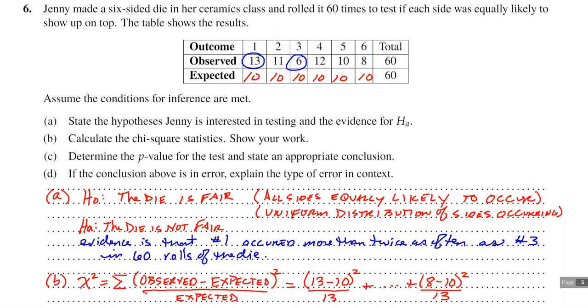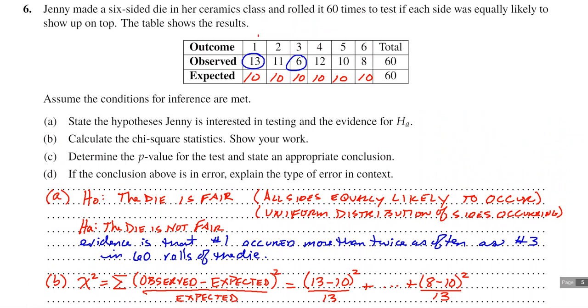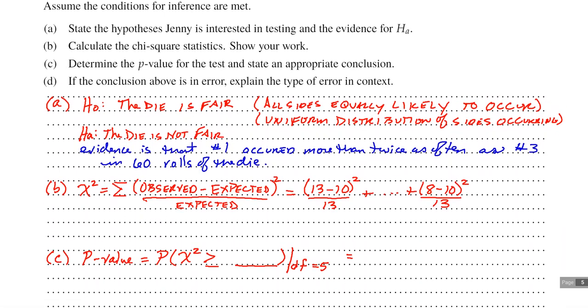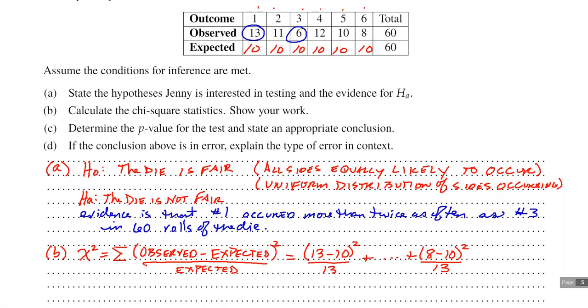What are going to be my degrees of freedom? Well, I've got 1, 2, 3, 4, 5, 6 categories, and so my degrees of freedom would be 6 minus 1. My degrees of freedom would be 5. I'm going to let my calculator do this work for me.